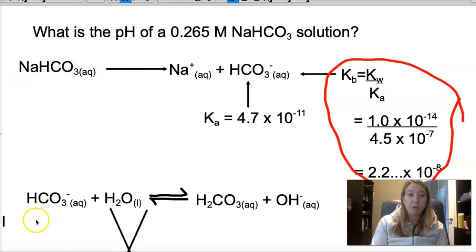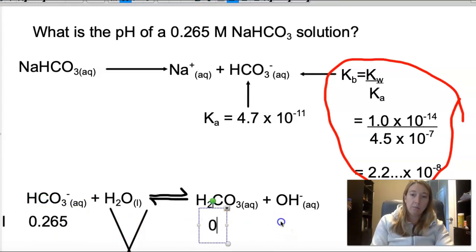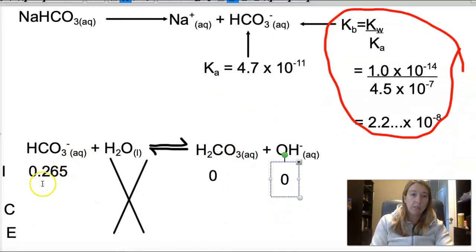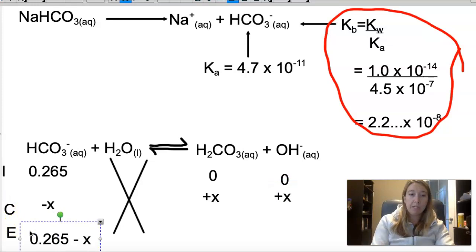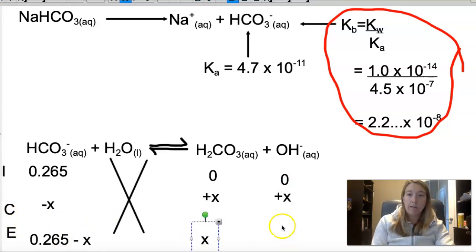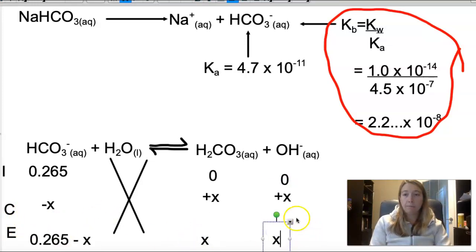So that means the initial concentration is going to be 0.265. This is going to start at 0. This is also going to start at 0, right? Minus x, plus x, and plus x. Okay, so equilibrium values are going to be 0.265 minus x, and then x and x.